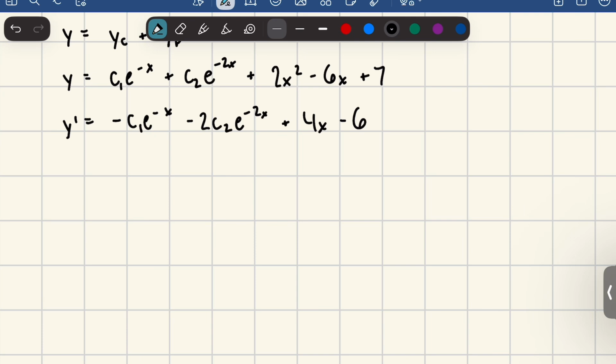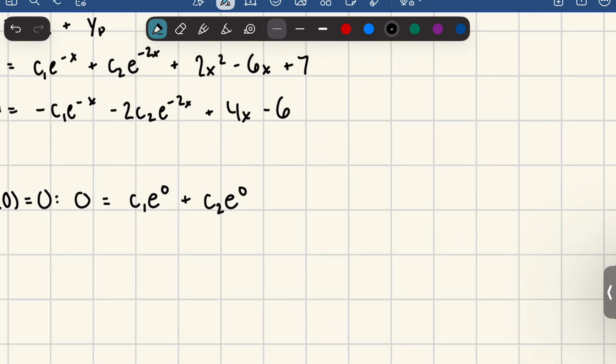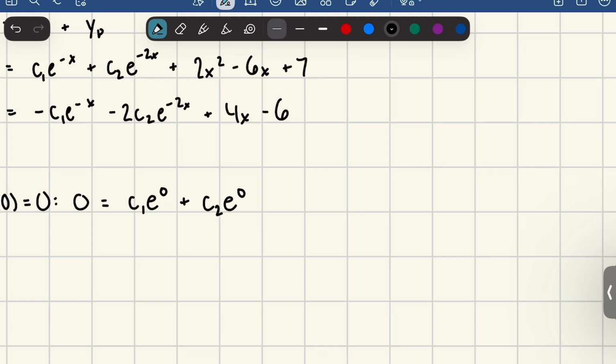Now our initial condition is y of 0 equals 0. That means I'm gonna set it equal to 0. And then I'll just do immediate substitutions: C1 e to 0. 2x squared, if I sub in 0, it's going to be 0. Same with negative 6x.